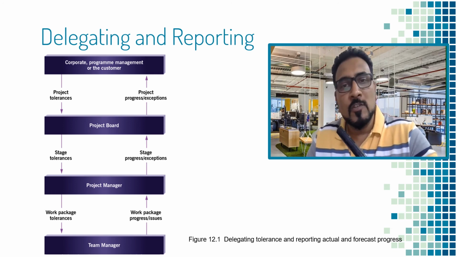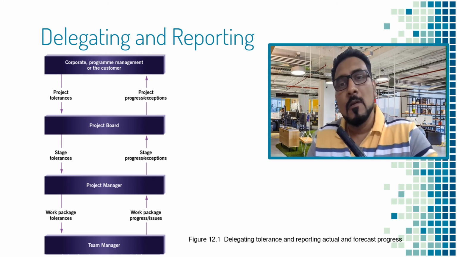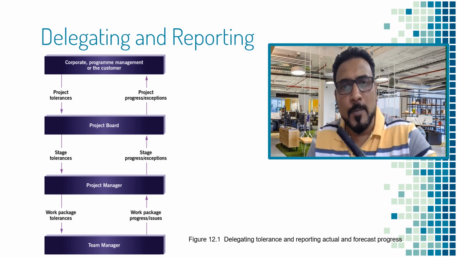The team manager then works on the work packages and gives back the completed work package to the project manager. In between, they will report if there are any issues, or they will also report if there are new risks identified. If anything goes into exception, it's an issue at the work package level. So these will be reported to the project manager along with the completed work package. In case everything runs smoothly, the completed work package goes back to the project manager.